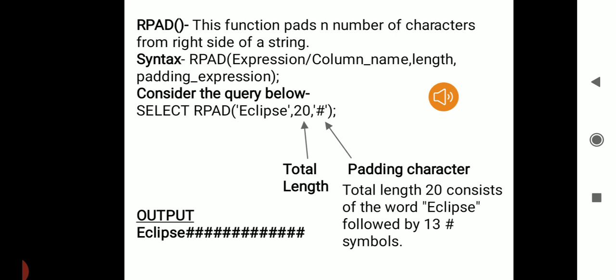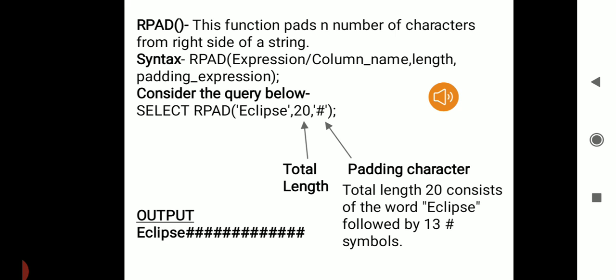Now let's understand the purpose of the total length 20 in this query. At first, see the string eclipse. It consists of 7 letters. Now if we are to make that string 20 characters, we have to add 13 of the padding character hash to the right side of the string eclipse.